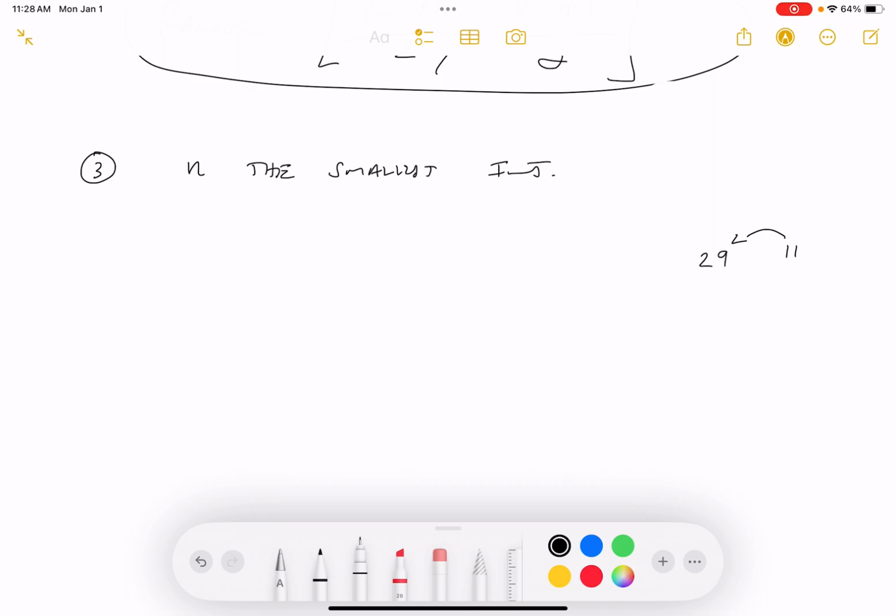Again, there's got to be a 9 and 2 in it. The other possibility, it could be 92. Now, granted, you could go to a 3-digit number, but that just makes the other number more outrageous, I guess, right? So I say 29. All right? Let's take a look at that now.